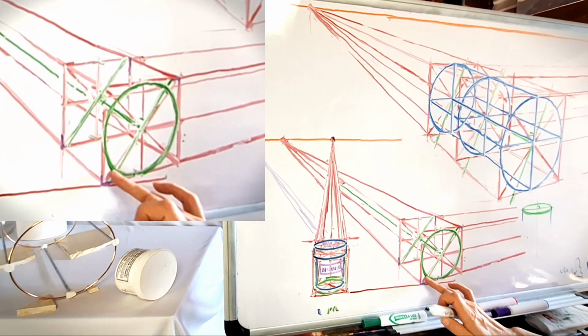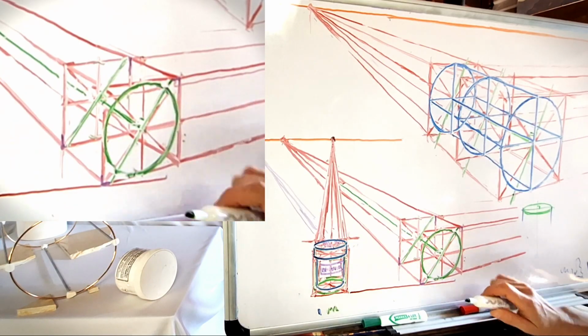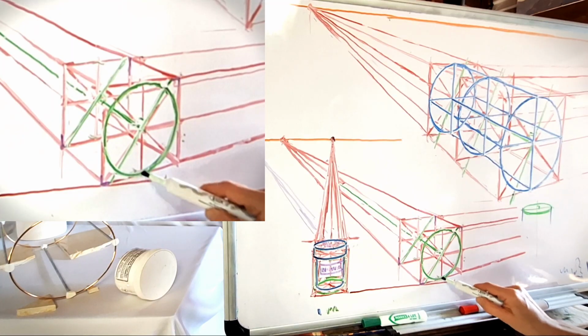See how it looks a little pointy here? Let's shave it off. It's slightly less pointy here. Smooth it out.